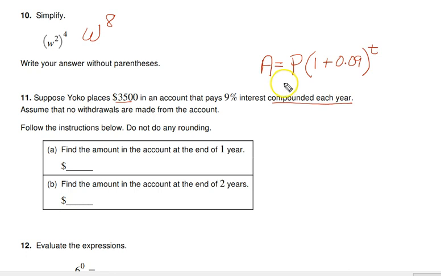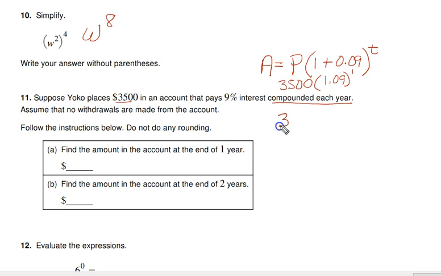So if we put here 3,500, 1 plus this is going to be 1.09 raised to the first power. You should try this on your calculator. That would give you this answer.